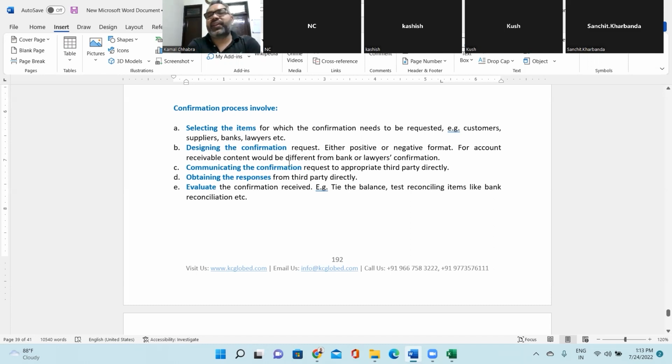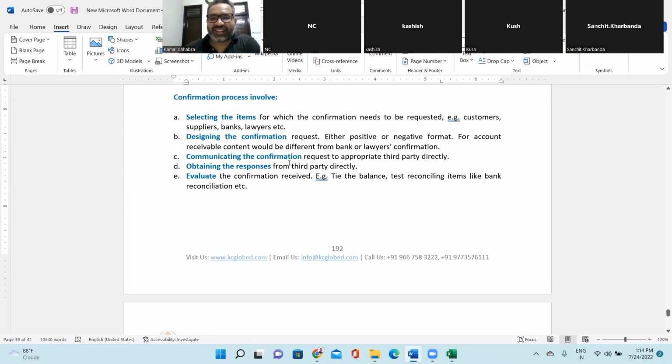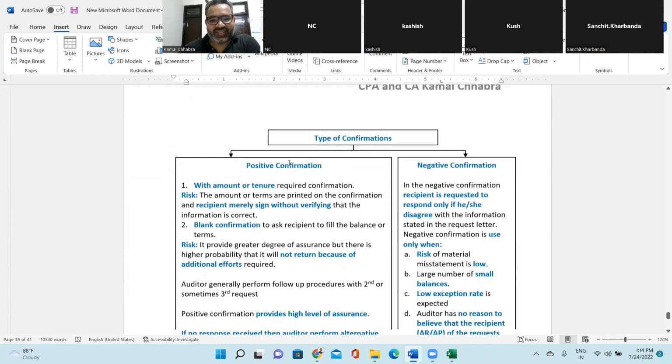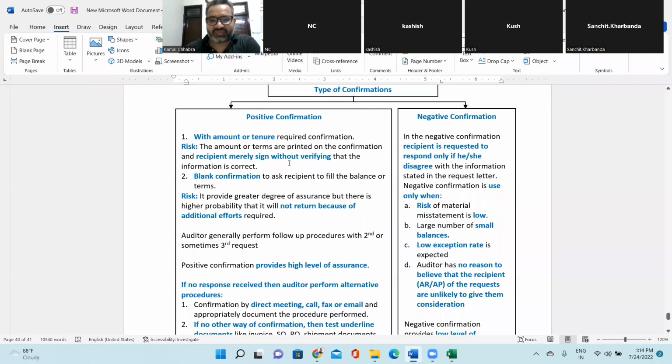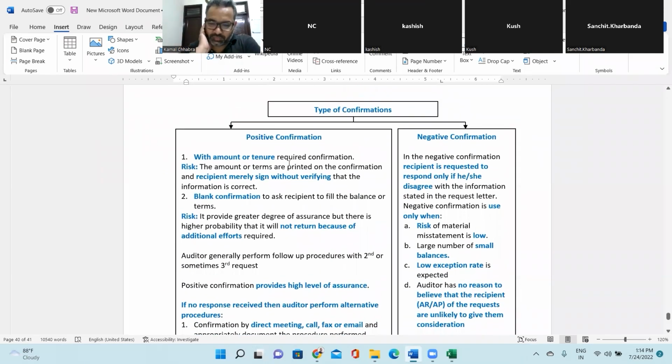How many of you have done this confirmation process? Yes, sir, I've done legal confirmations, cash confirmations, and AR confirmations. Earlier, we used to do hard copies, where you fill in the details on paper, put it in an envelope, and it gets sent out.